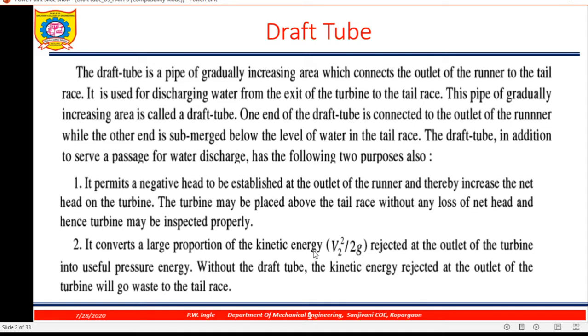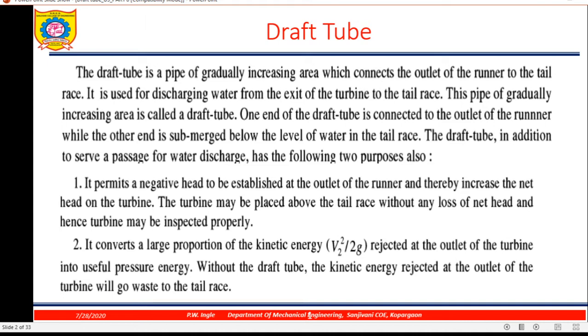And next, since pressure energy is continuously converted to kinetic energy, at the end of the runner there may be a large proportion of kinetic energy rejected, so that will be converted into useful pressure energy. Without a draft tube, this rejected kinetic energy will go waste to the tail race. That is the use of the draft tube.